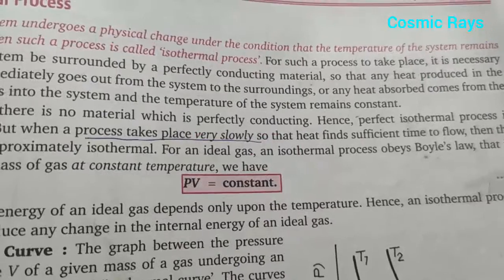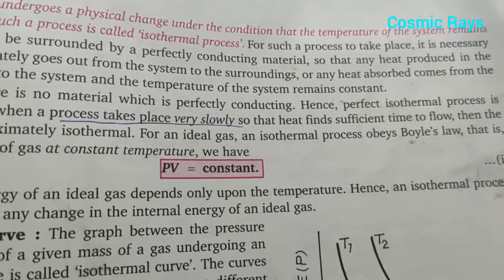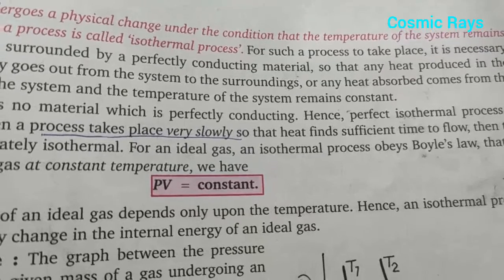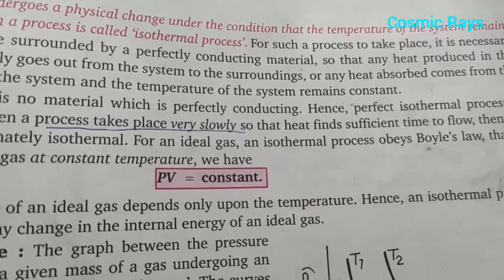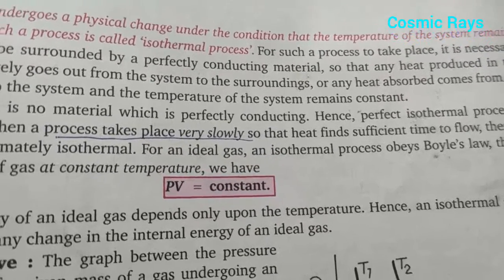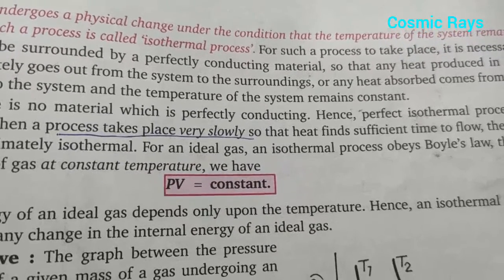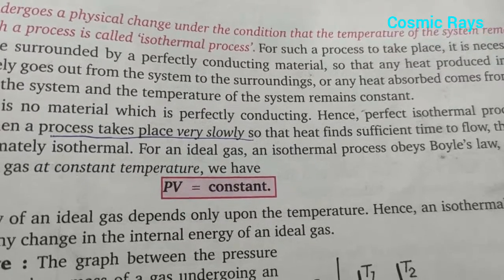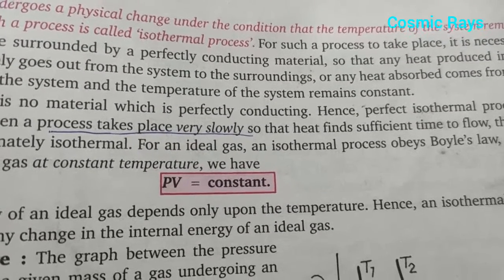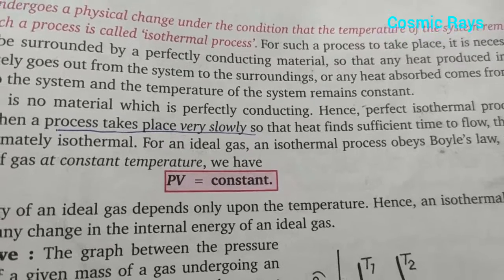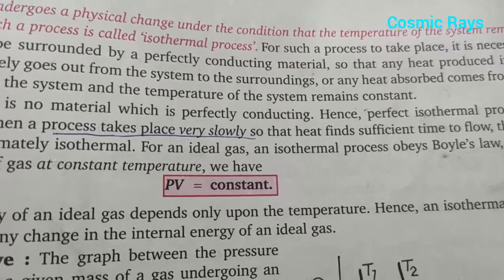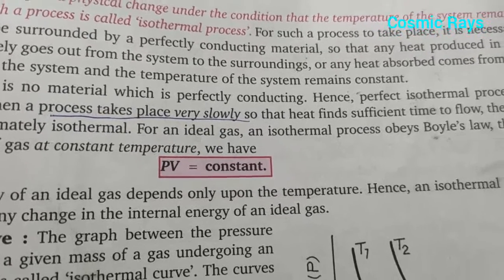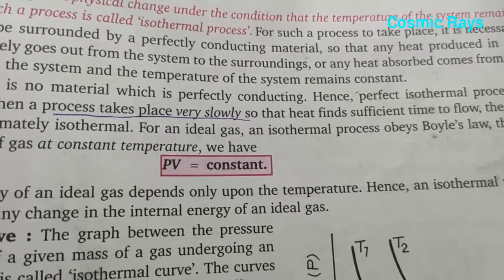Now, since the internal energy of an ideal gas depends only upon the temperature, and in an isothermal process we do not have any change in temperature, an isothermal process will not produce any change in the internal energy of the ideal gas. Please remember this, because we will be using it when we derive the relation called Mayer's relation, Cp minus Cv equal to R.